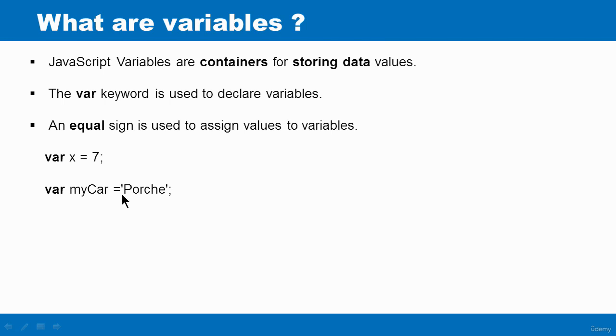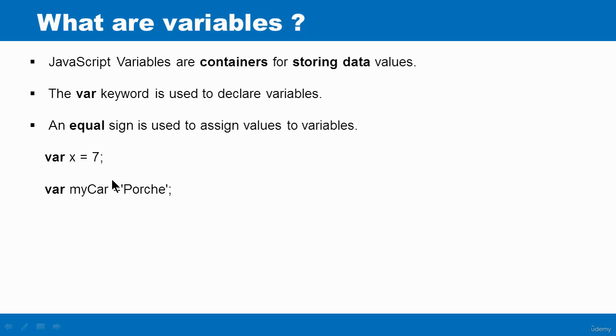You can't use a single quote here and then a double quote here. That's the only way the computer will understand that it is dealing with text. You don't need to do that with numbers because the computer knows that is a number. But if you want the computer to know that it is a string, they call it a string in programming, you need to enclose it in quotes.